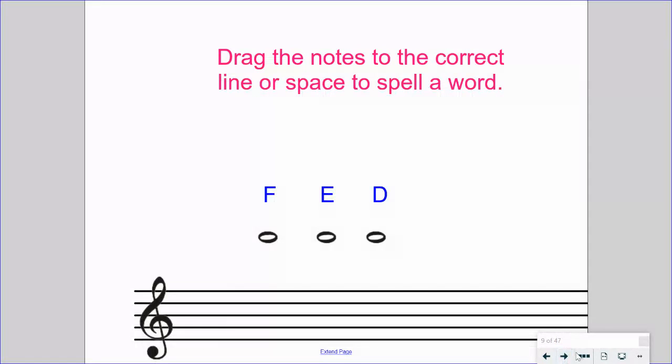So if I want to spell the word fed, like I fed my cat, who can tell me where I'm going to put a music note to make the F? Raise your hand if you can tell me where to put it. Yes, sir. Yes.